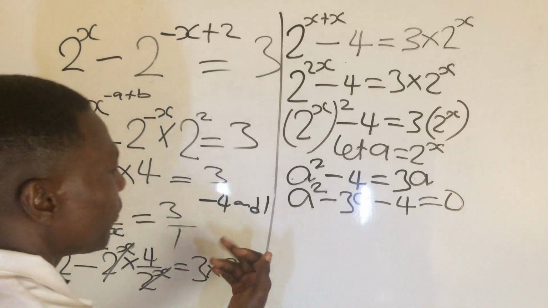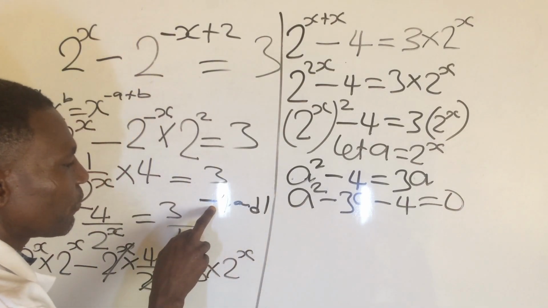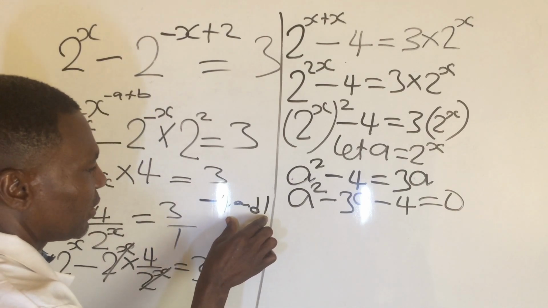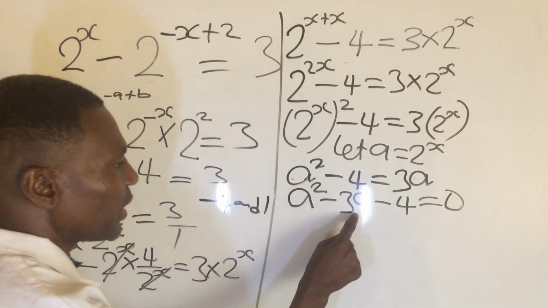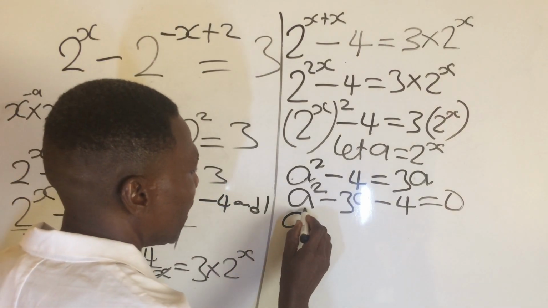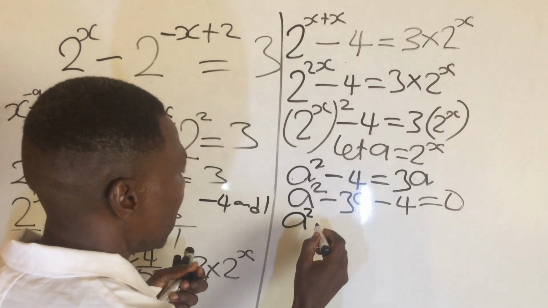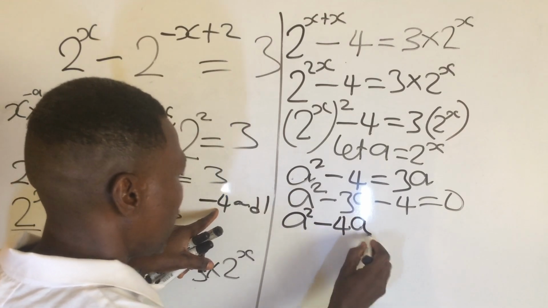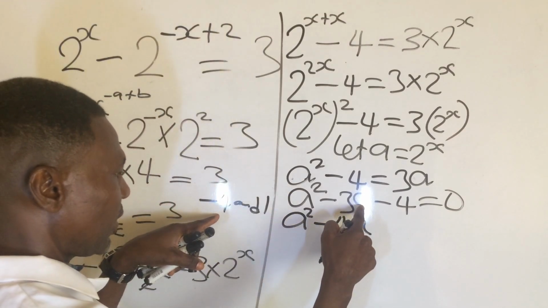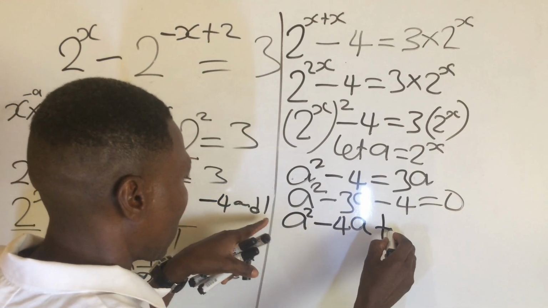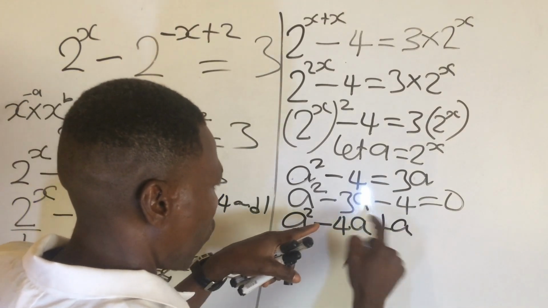Now, since we have succeeded in getting minus 4 and 1, we use these two numbers to replace this one, okay? We now have a raised to the power 2 minus 4a. For this one, we'll fix the a. And this one is plus 1a.